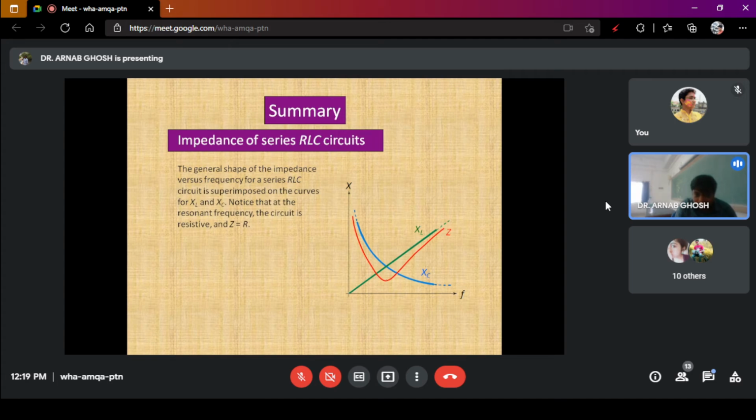When I add this impedance characteristic, you can see that at this particular point the impedance is minimum, with the resonant frequency.